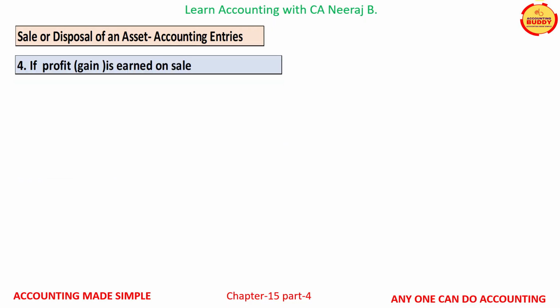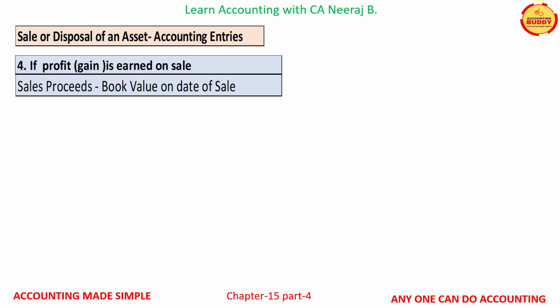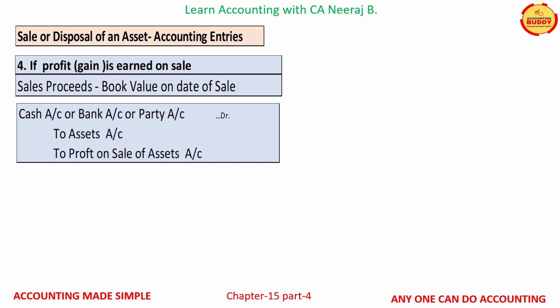If the gain or the profit is earned on the sale of the fixed asset, that means the sale proceeds are more than the book value of the fixed asset on the date of sale, below entry will be passed in this regard. Three accounts which are affected by this transaction are: first, cash account or bank account or the party account as the case may be. Second account is the asset account, and the third account is the profit on sale of asset account.